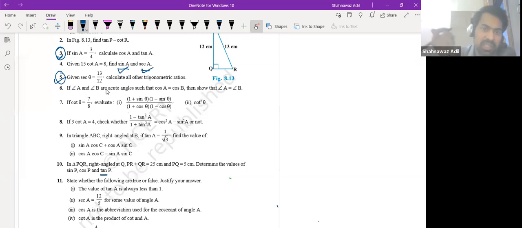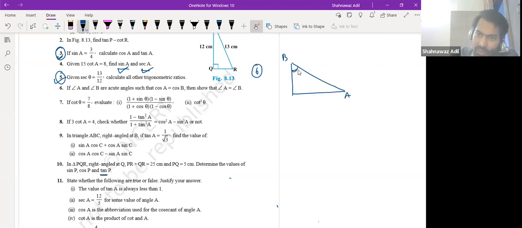Whatever is the remaining angle. So if you have a triangle and A and B are acute angles, then the third angle would be 90.